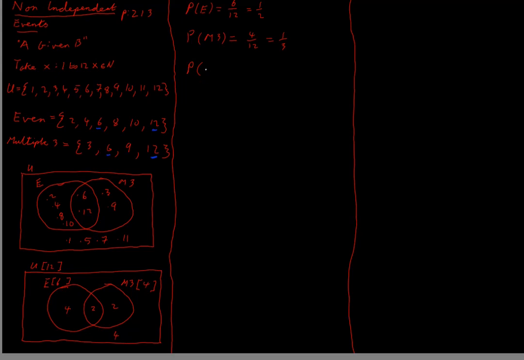If I wanted to get the probability of M3 complement, what does complement mean? It means everything but. So what is not in my circle M3? Well, I have 4 elements out here, 4 elements out here, so I have a total of 8 out of 12, which simplifies to 2/3. So this is effectively not M3, it's what isn't included in multiples of 3.